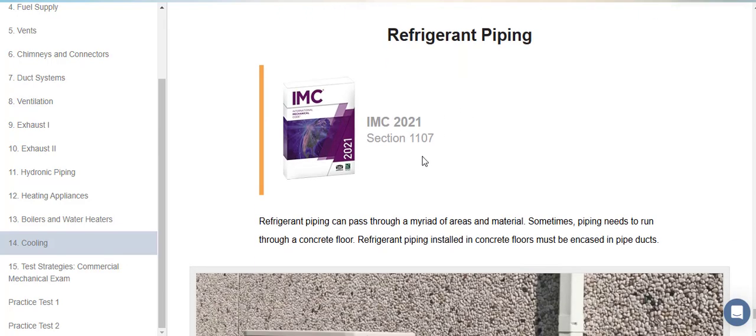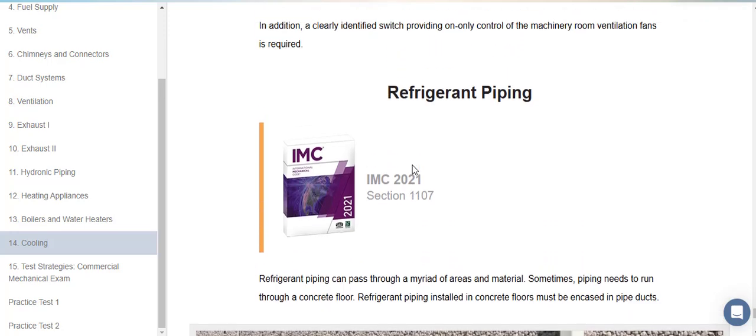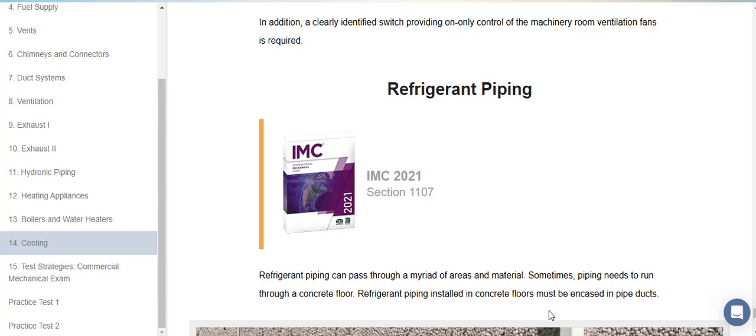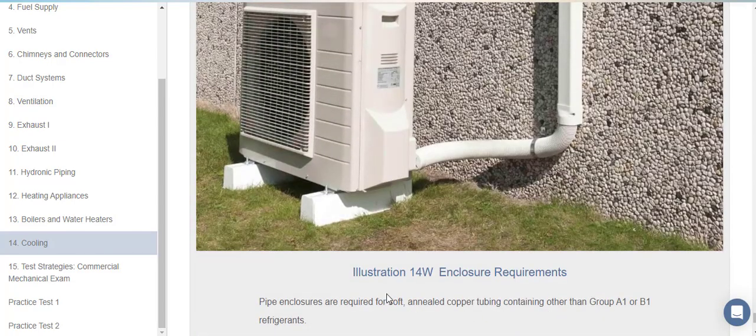Refrigerant piping, International Mechanical Code 2021 Section 1107. Refrigerant piping can pass through a myriad of areas and materials. Sometimes piping needs to run through a concrete floor. Refrigerant piping installed in a concrete floor must be encased in piping ducts.